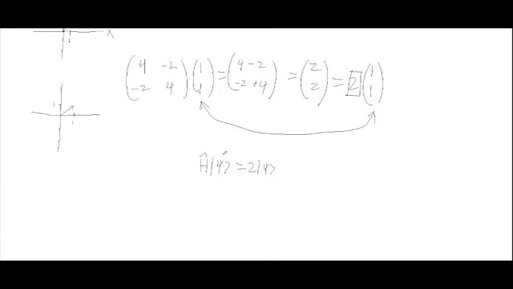And so we say that these two are eigenvectors of this operator, and that this 2 is an eigenvalue of that operator with these eigenvectors. And what we're doing is just scaling this up by 2. So the new vector is just this 2 and 2, scaled up by 2.